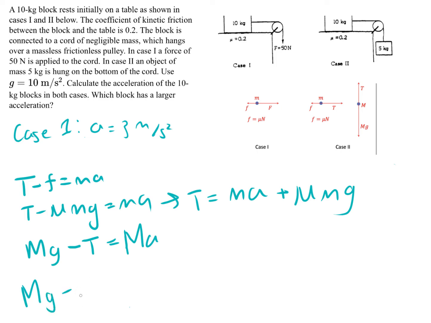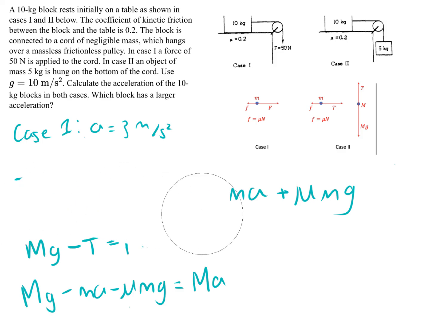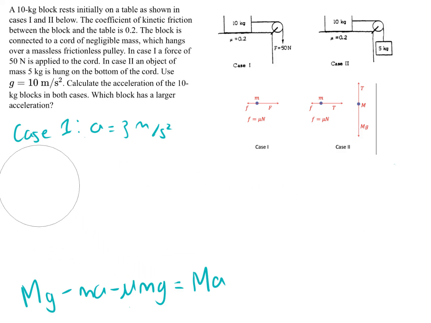Minus mass times acceleration minus the coefficient of kinetic friction times the mass times the acceleration due to gravity. And then we're going to set that equal to the capital M times the acceleration. Now all we need to do is solve for the acceleration. And we can do that using a little bit of algebra.